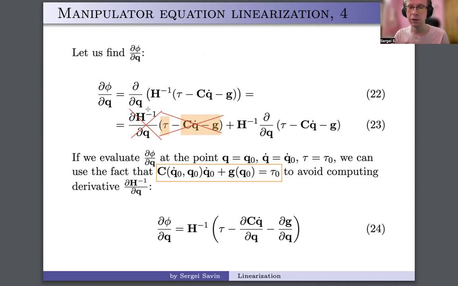So being able to cancel this term is very nice. And that is what you achieve by linearizing around a node. Of course, you can achieve the same thing as long as this holds. So it doesn't have to be a node.